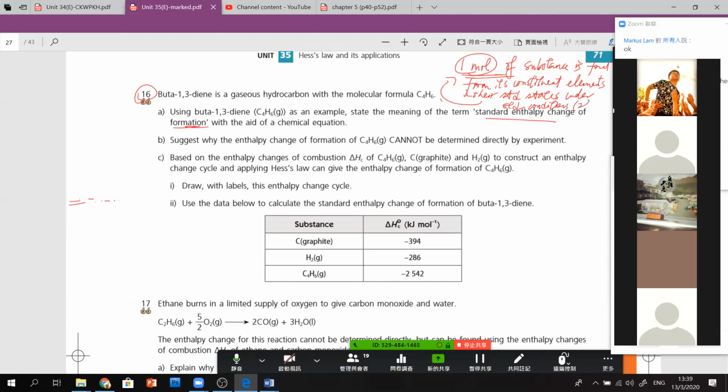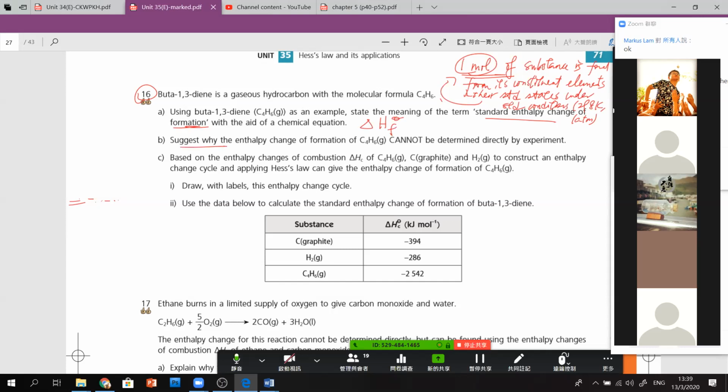So you are going to list that standard condition here: 298 Kelvin, 1 atm. So with the aid of a chemical equation. So we will have the abbreviation delta H of f like this.